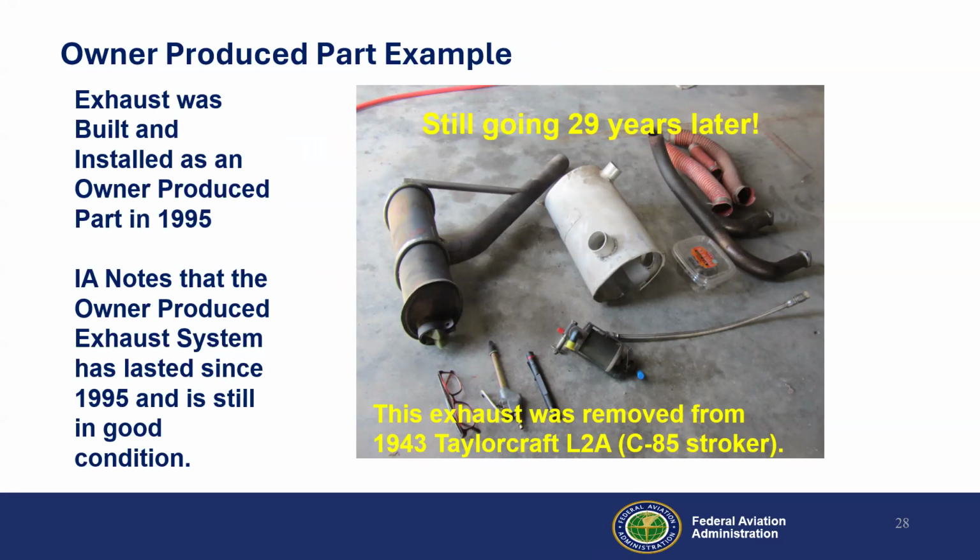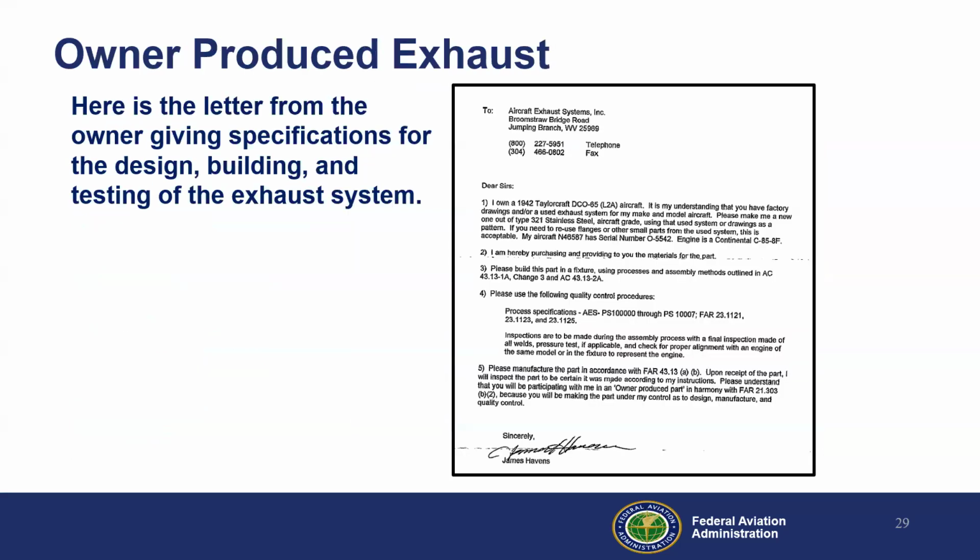And this owner-produced exhaust system, it was built in 1995, and it's lasted 29 years and still going strong. And it was great because he also provided me with the letter that the owner gave to the aircraft exhaust systems company, and explained everything how he wanted it built. And we're going to go through that.